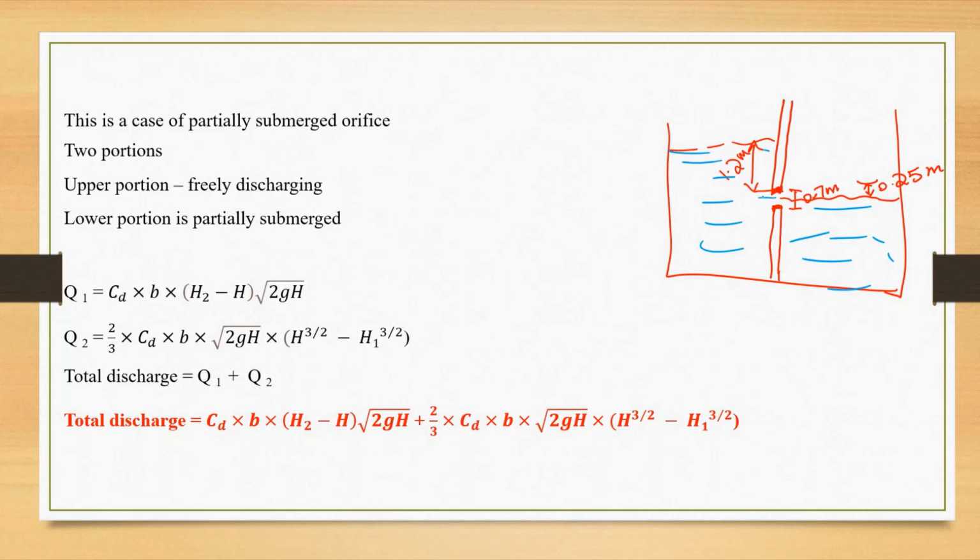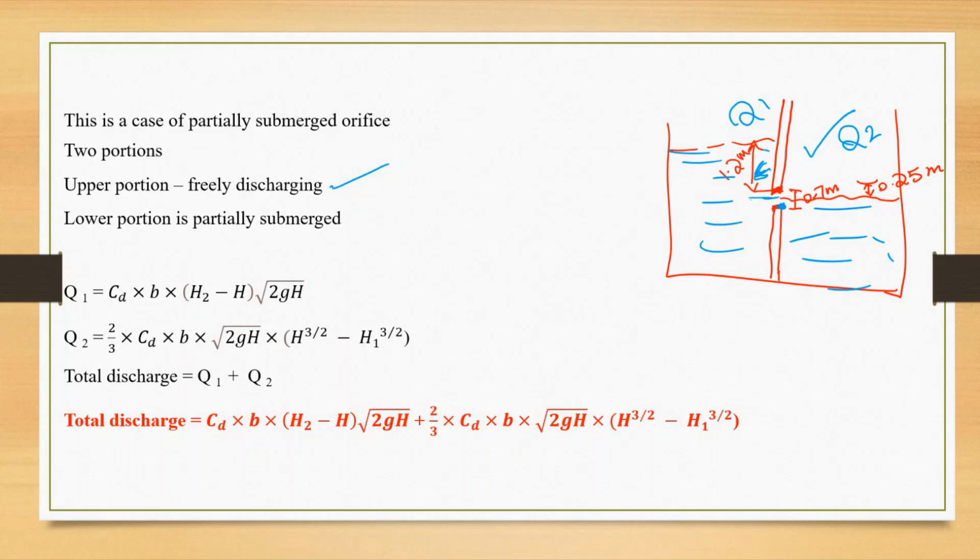One side of the orifice is discharging freely, whereas the other portion is partially submerged. So in order to calculate the total discharge, we have to calculate the discharge Q1 and Q2, the freely discharging and the partially submerged ones.